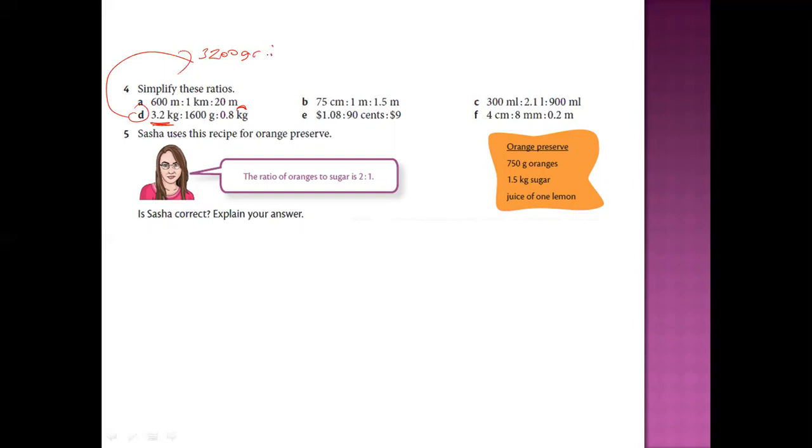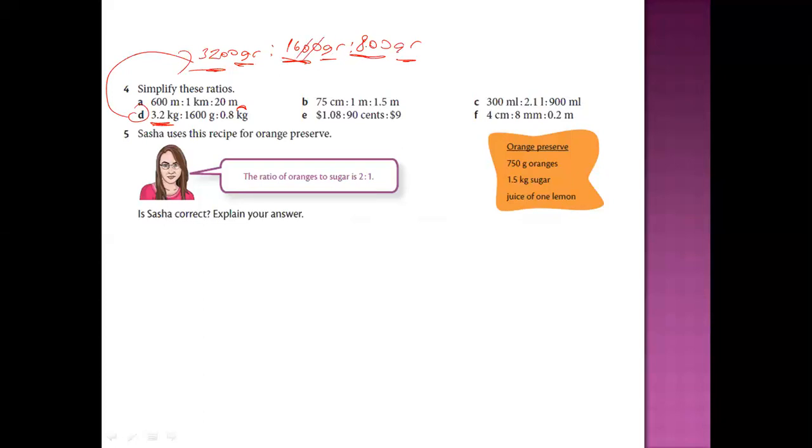And the next ratio is 160 grams. And the last one, when you multiply by 1,000, you will get 800 grams. So now our units are the same. Now we take our coefficients.